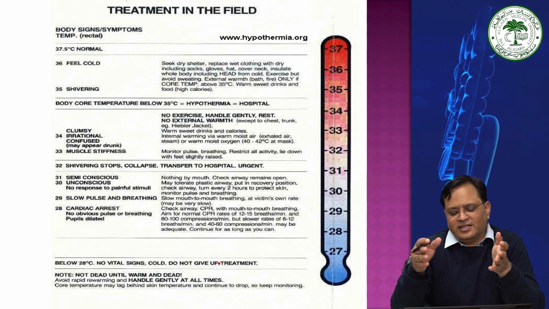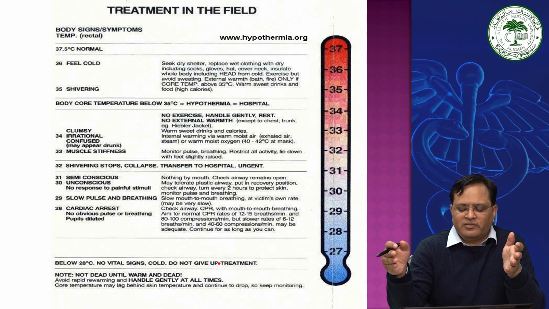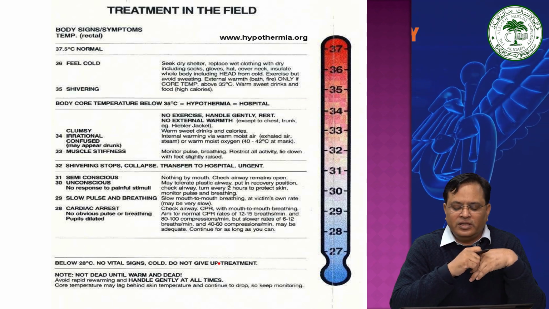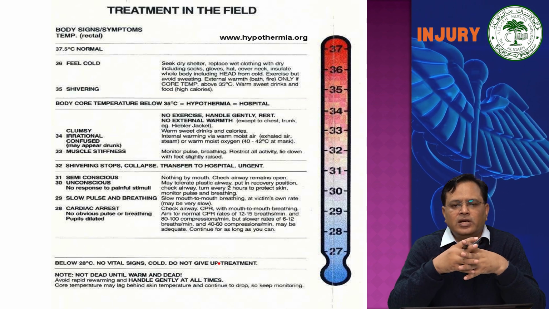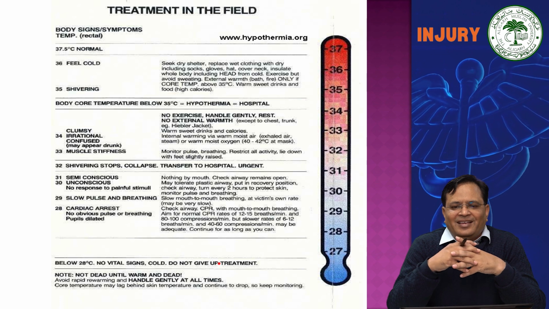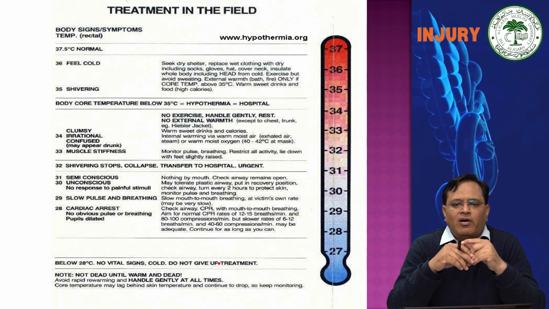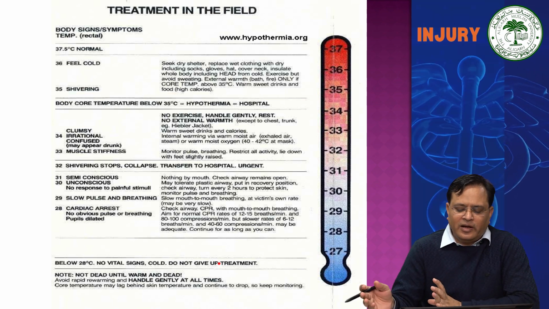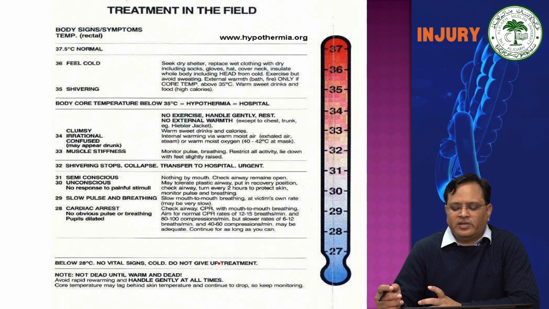If a person at 36 degrees feels cold: use dry shelters, replace wet clothing with dry, including socks, gloves, hat, cover the neck, insulate the whole body including the head from cold, exercise but avoid sweating, external warmth. A fire source can be used only if core temperature is above 35 degrees.